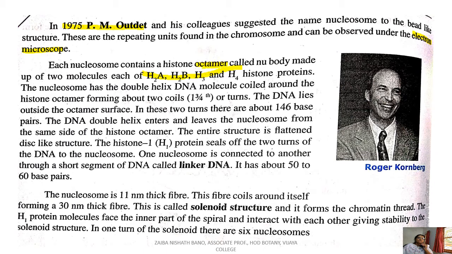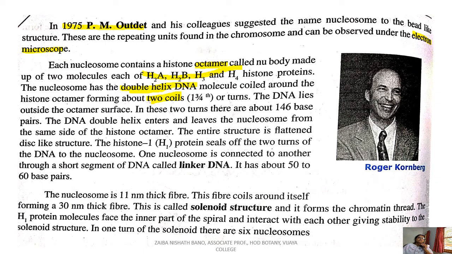The nucleosome also has the double helix DNA molecule coiled around the histone octamer, forming 2 coils, 2 rounds around it. Two rounds means exactly 1 3/4 turns, because the remaining portion just comes out as linker DNA. The DNA lies outside the octamer surface.